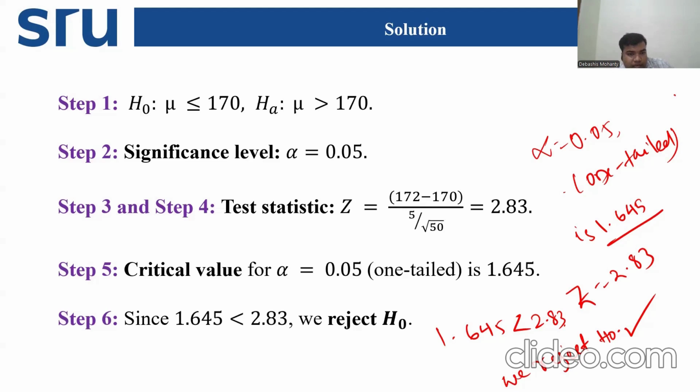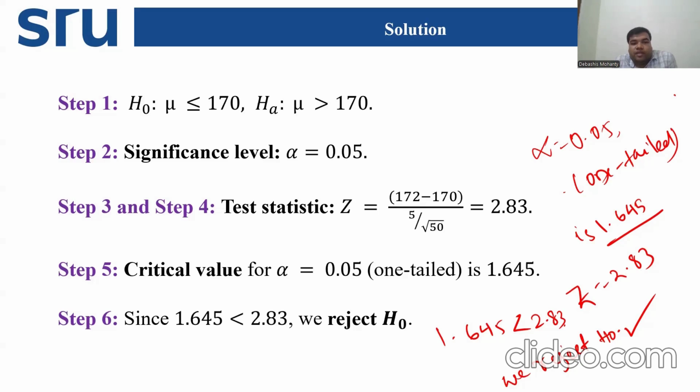If it is a one tail test, either right or left, then mu is less than or equal to 170, and the alternative automatically will be mu is greater than 170. The significance level is 0.05. For the test statistic, we use x bar minus mu divided by sigma divided by square root of n, and we find the value 2.83.